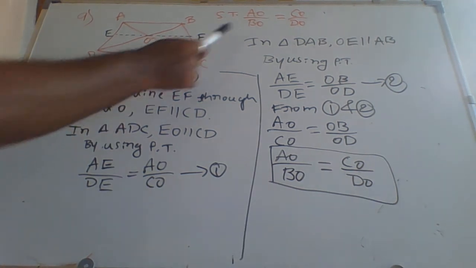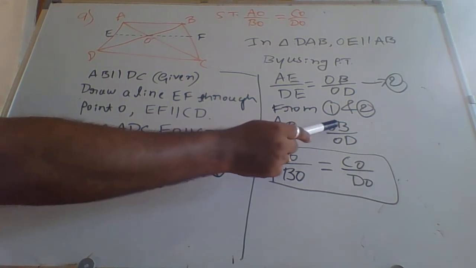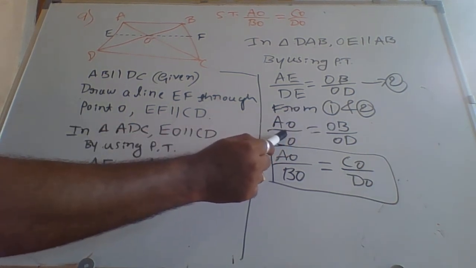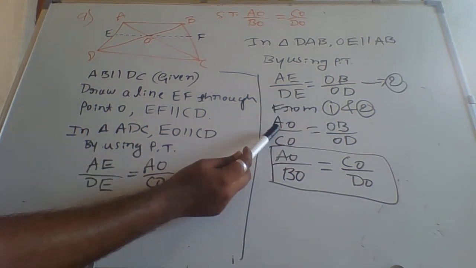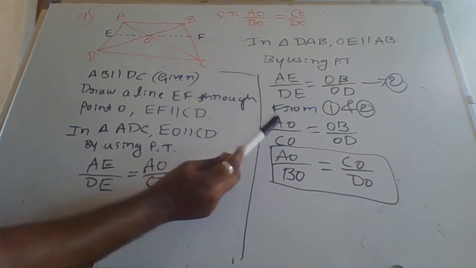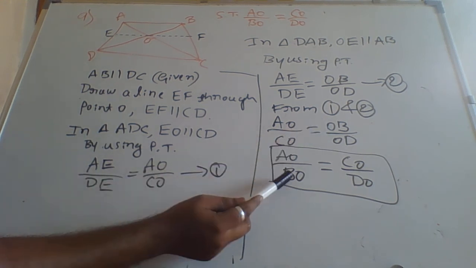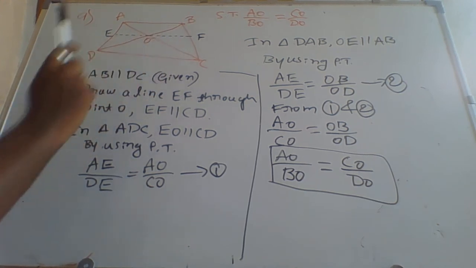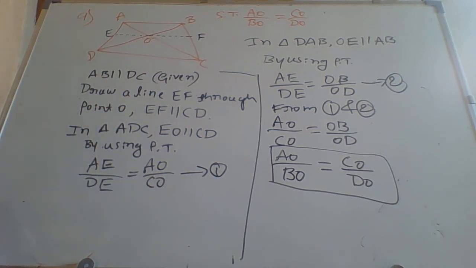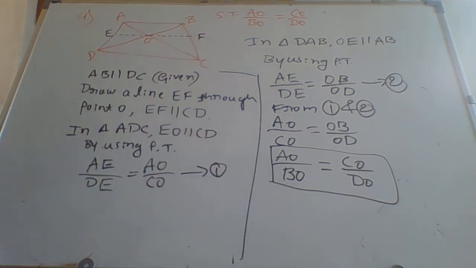But we have to prove that AO by BO is equal to CO by DO. So now I will take this OB to the left part. When I take this to the left part, it will become the denominator. Therefore AO by BO. Here in place of OB I have written BO, because OB and BO are the same.